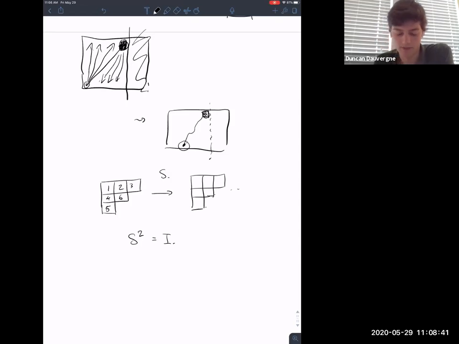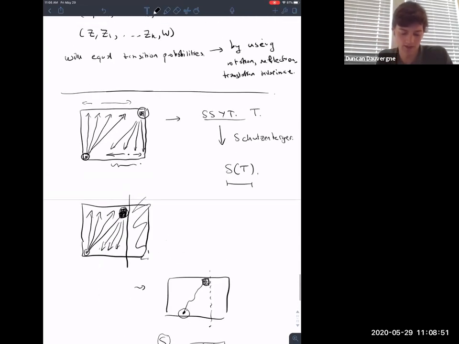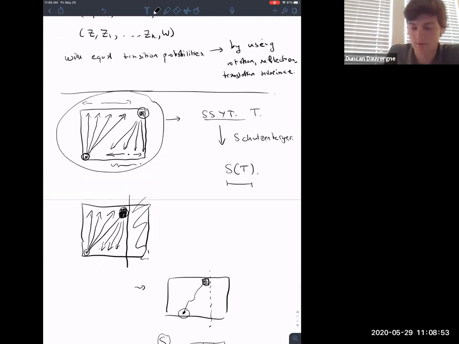The way the Schutzenberger involution is described is in terms of an evacuation procedure. But the reason it was first studied was because of this relationship with RSK. I'm not sure if this particular property is the thing that was first shown about it, but I think this is why it was studied in the context of RSK originally. It's because it does this. Thanks.